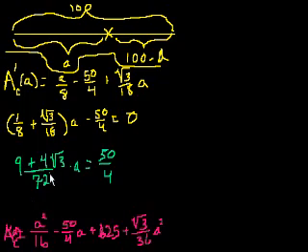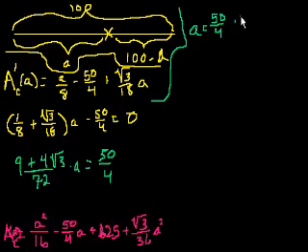And now we can multiply both sides by the reciprocal of this coefficient. And we get, maybe I made a careless mistake, but the numbers aren't coming out too clean, but maybe they're not meant to. A is equal to 50 over 4 times 72 over 9 plus 4 square roots of 3.